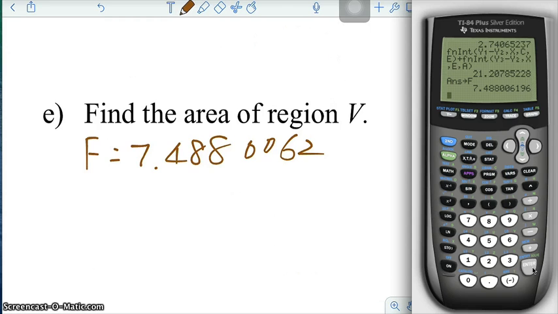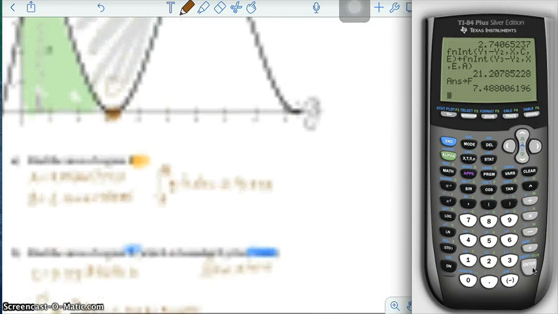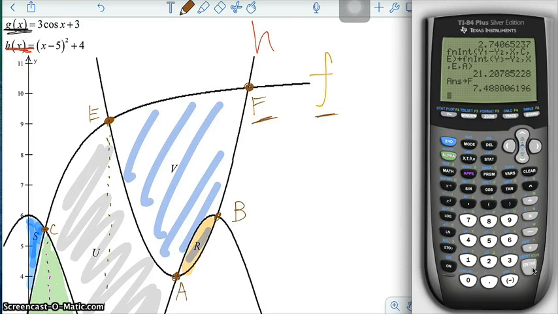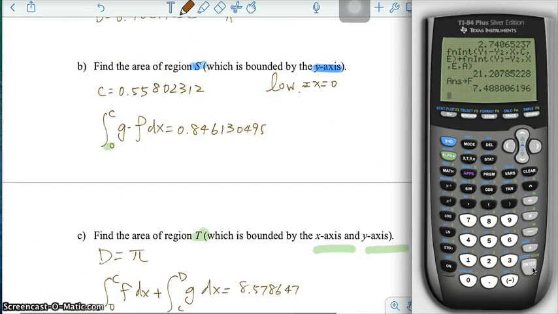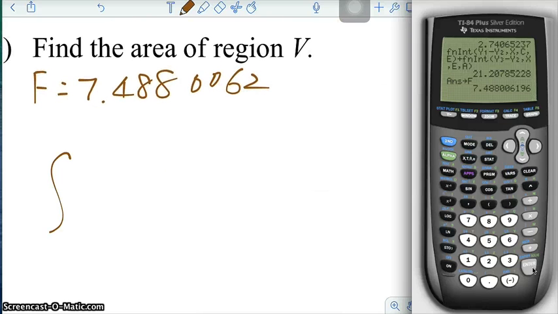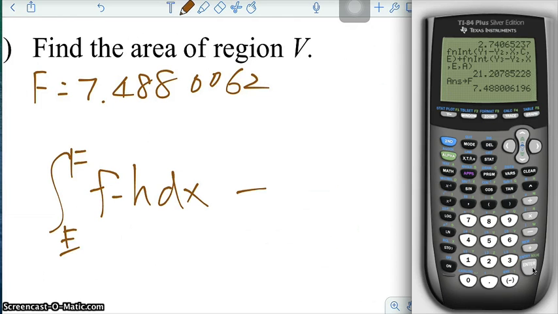Like I said, this is just going to be a straightforward F minus H between E and F. So let's do that. Between E and F, F minus H, function wise. And then we also need to minus R. Let's calculate this.